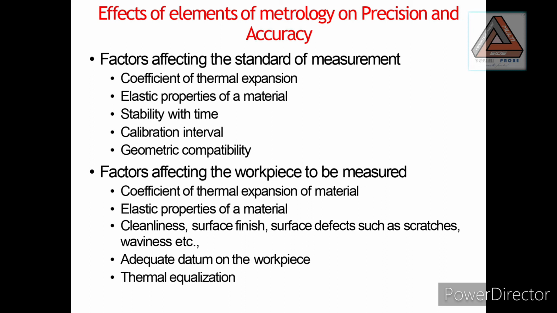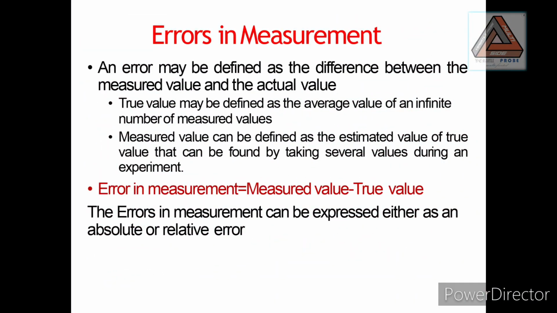If the gauges have very precise accuracy, then without knowing how to handle the equipment, random error will occur. It is human error. So the person is also an important element of metrology.